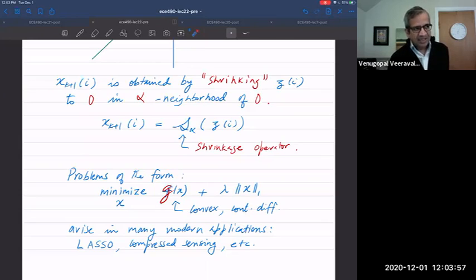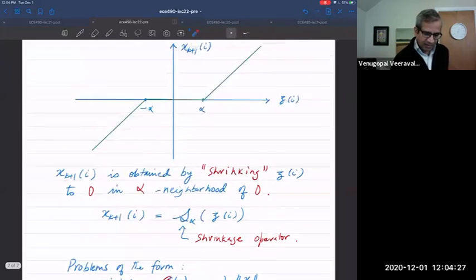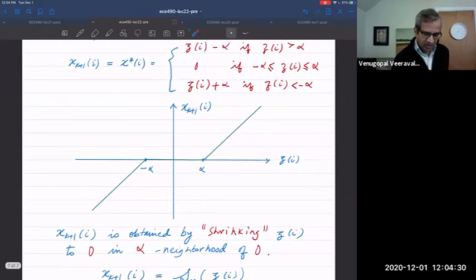It turns out that by relaxing the L0 norm to L1, you can show that you do get a so-called sparse solution with few non-zero entries, and that's where a problem like this might arise in that context. So there are many modern applications where optimization problems like this arise, which is why these proximal methods and the shrinkage operations are very useful.